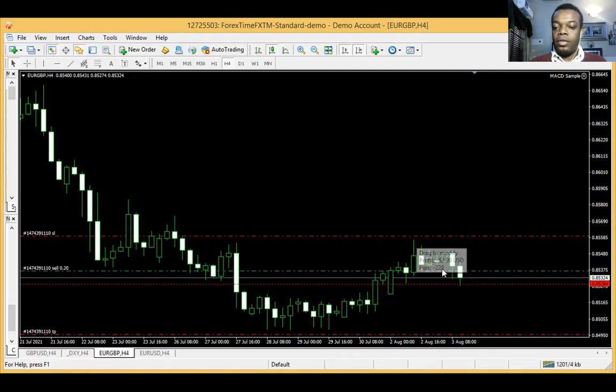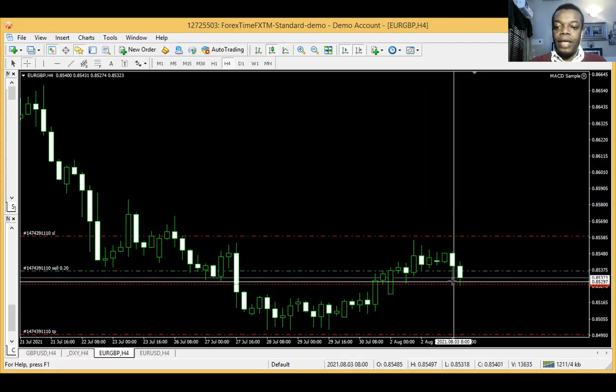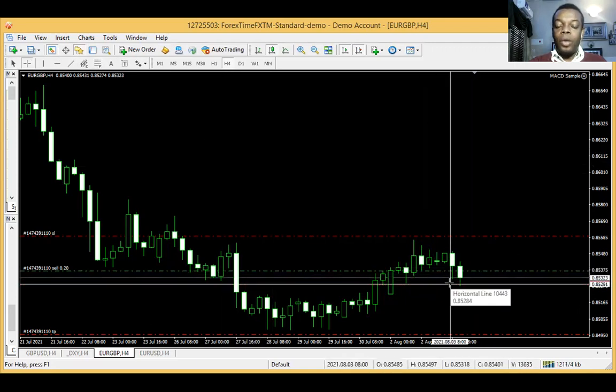I will measure the distance from my entry point to my stop loss. We have talked about pips and pipettes: 10 points make 1 pip. If I'm selling, my stop loss is always above and my entry is below.